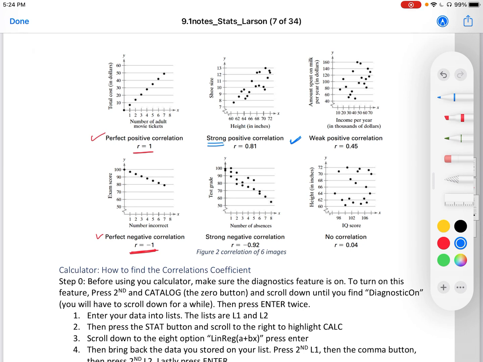And this will be a strong positive correlation. In this next example, we see there's not a definite line being built. And once we do a calculation, we get an R of 0.45. That's an example of a weak positive correlation.